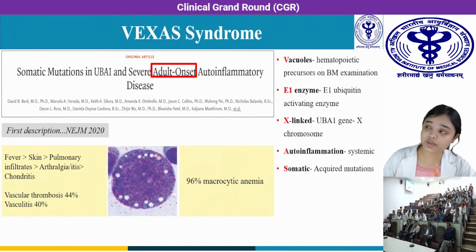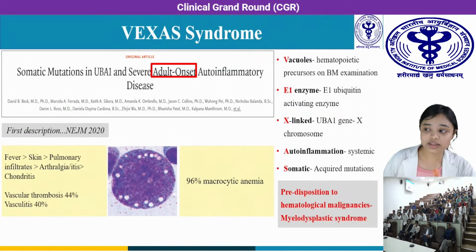E1 is the E1 ubiquitin activating enzyme, which is coded by the UBA1 gene on the X chromosome. A stands for the autoinflammatory features and S stands for somatic, indicating that these mutations are acquired later on in life. Subsequent studies have shown that these patients are predisposed to hematological malignancies, especially myelodysplastic syndrome.